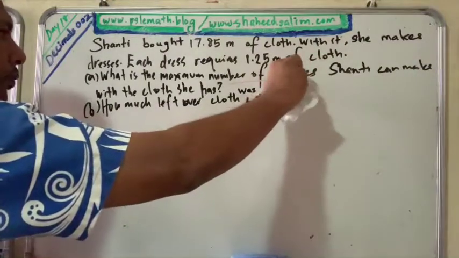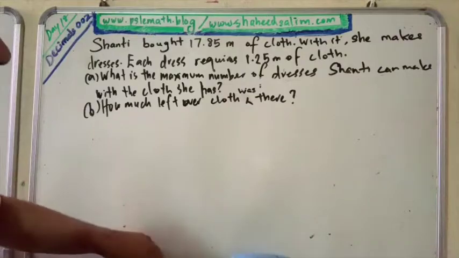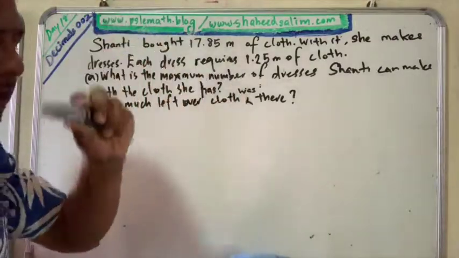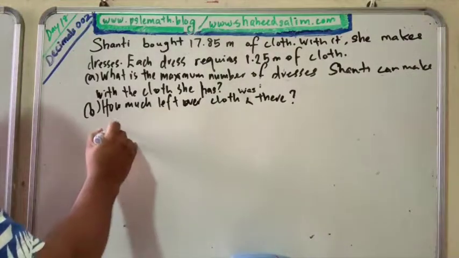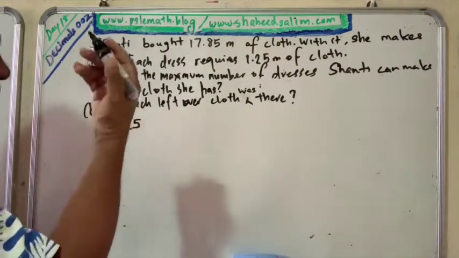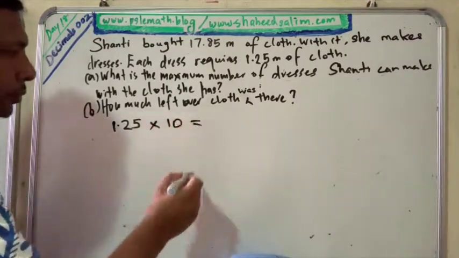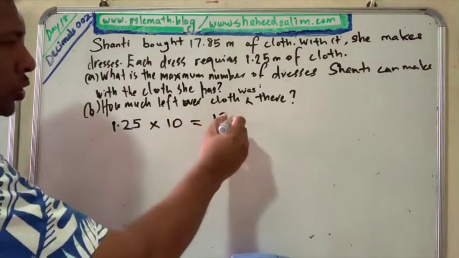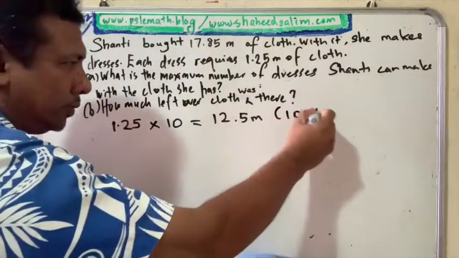Alright. Let's make sure you understand the question. Each dress that she makes needs 1.25 meters. Let's see if she makes 10 dresses. You need to times this by 10. She needs 12.5 meters of cloth for 10 dresses.